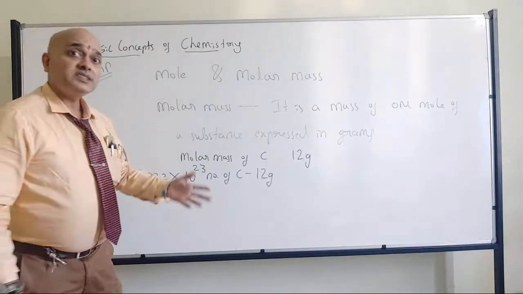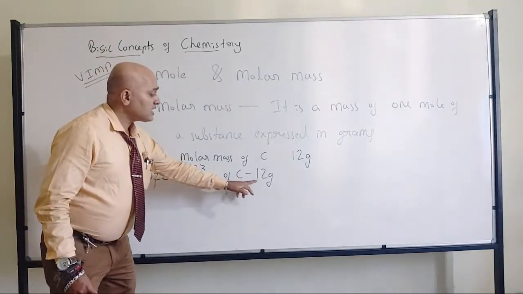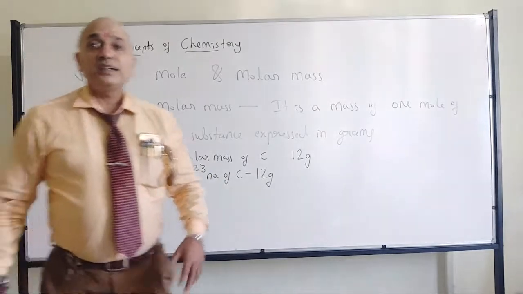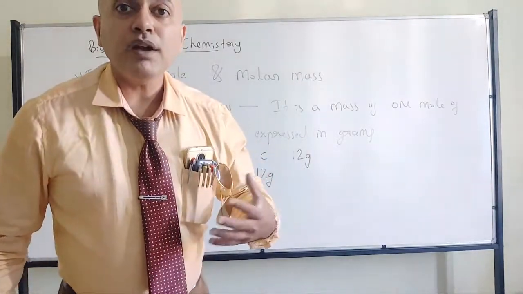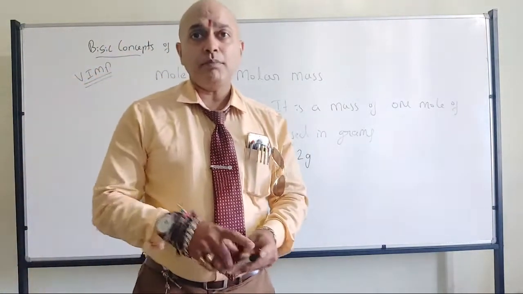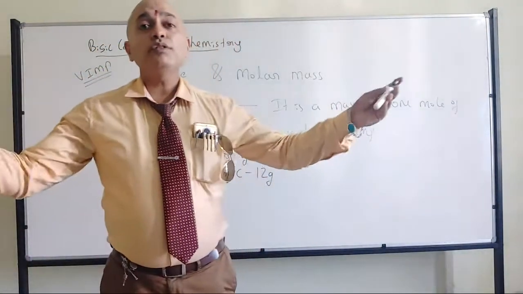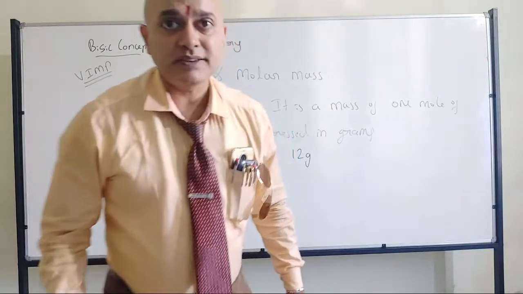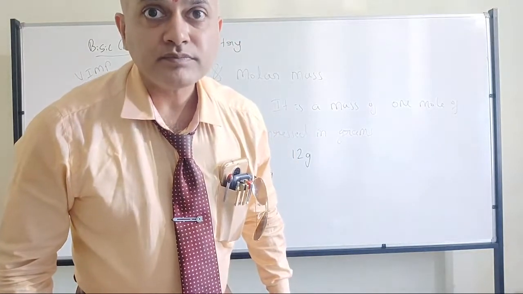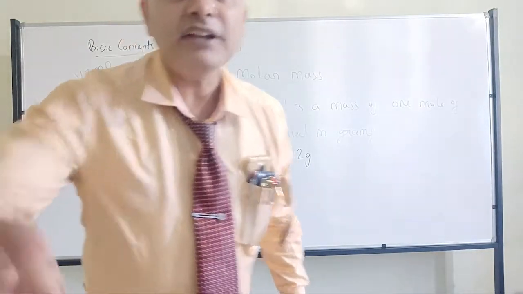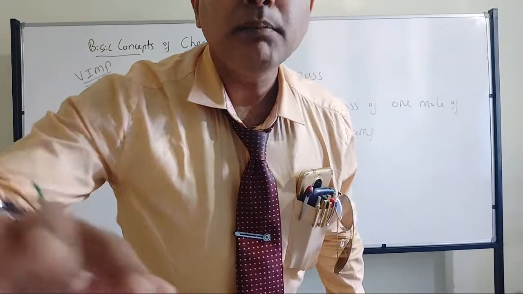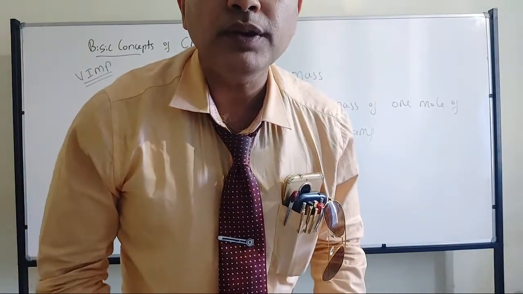By chance, if each carbon started weighing 12 grams, then with n number of carbon atoms in my body, the total mass of my body would become more than this universe. So simply, the number of atoms in 1 gram is called a mole.